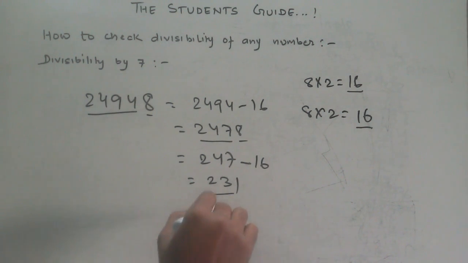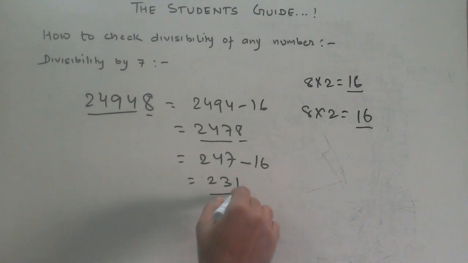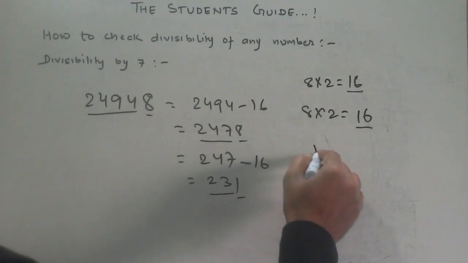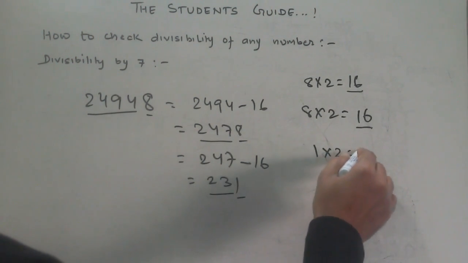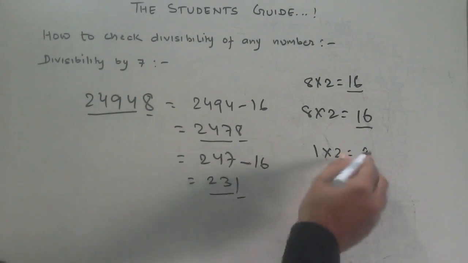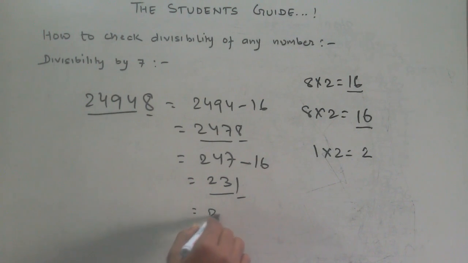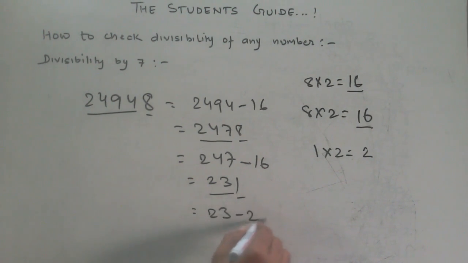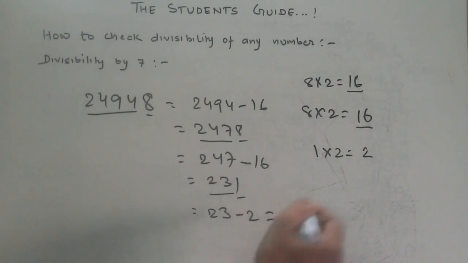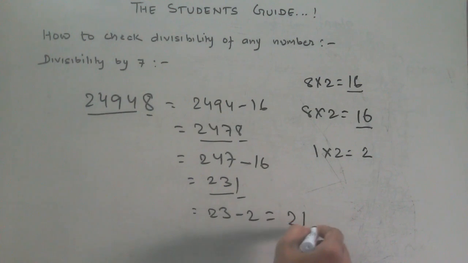Still, if you have doubt, you can do the same process. 1 multiplied by 2, what you got, 2, subtract it from the rest of the digits. 23 minus 2, 23 minus 2 is 21. Now you can see if 21 is divisible by 7 or not.